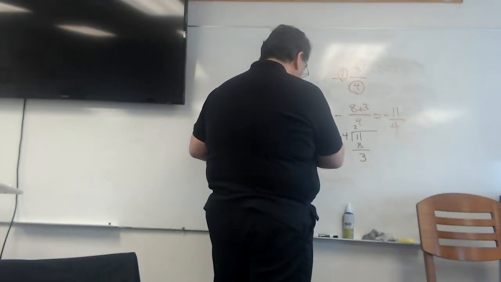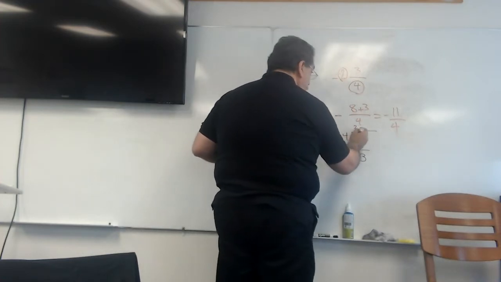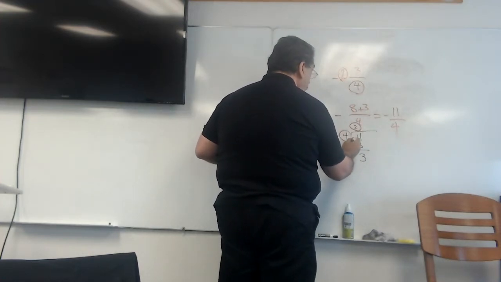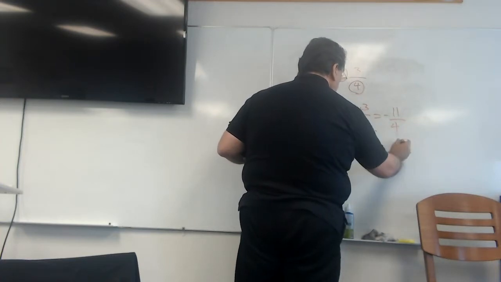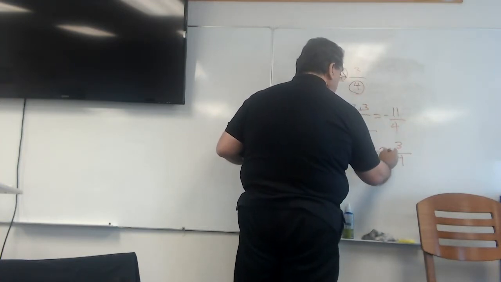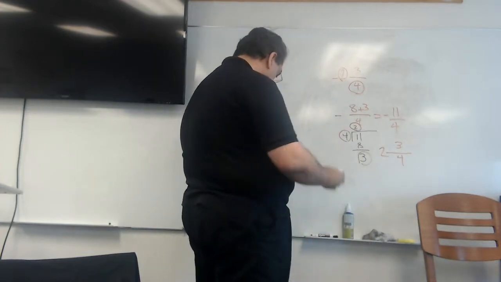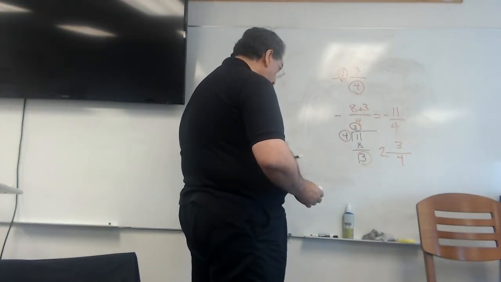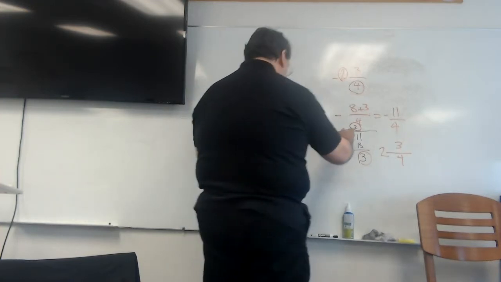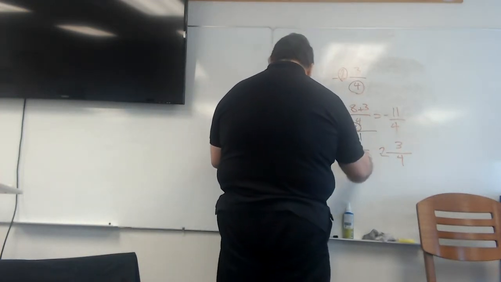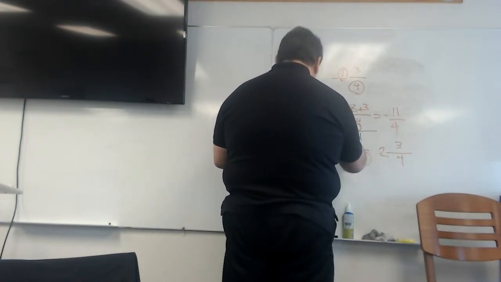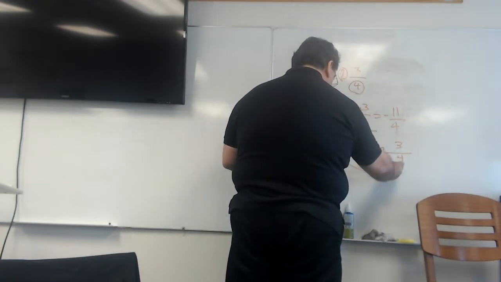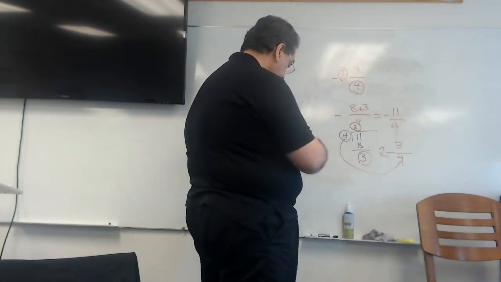Look at the numbers: you have 2, 4, and 3. The quotient becomes the integer, the remainder becomes the numerator, and the original denominator stays as the denominator.